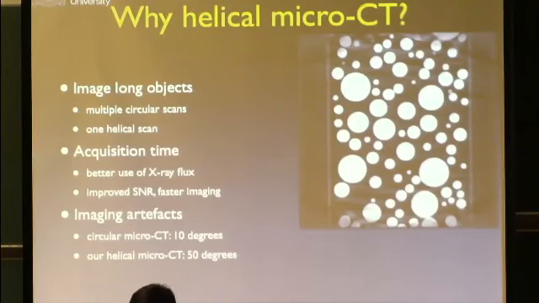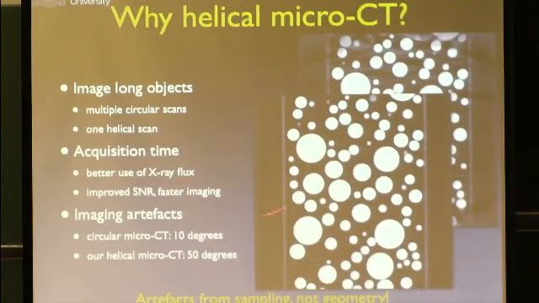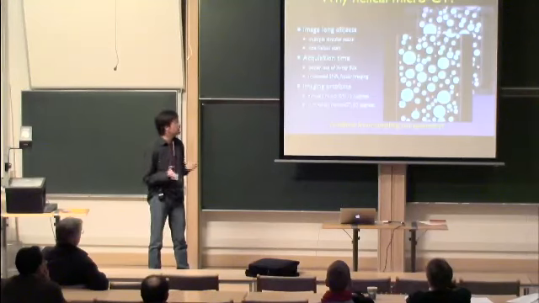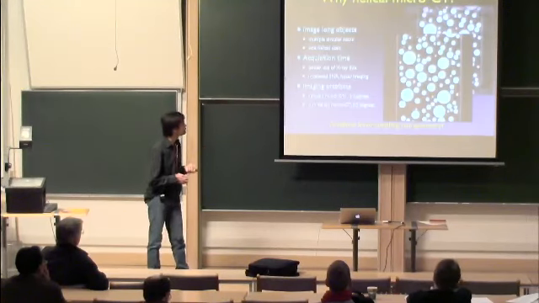If we instead use the theoretically exact helical reconstruction method, we're able to get all the circles nice and crisp all the way out. I think this was about a 30 degree cone angle simulation.